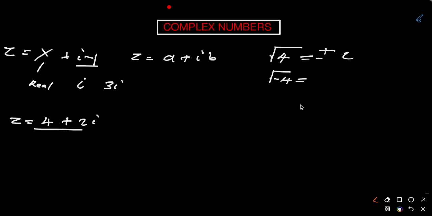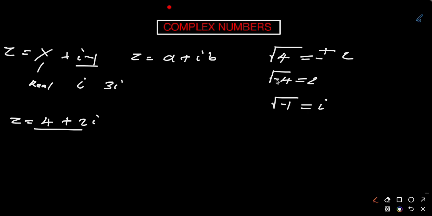One thing you need to understand here is that the root of -1 is always the imaginary part, which is i. Root of -1 is always i. So if you have been told to find the root of -4, just find the root of 4, which is 2. You can say plus or minus, but for a complex number, we don't want it to be negative, so it's going to be positive 2.